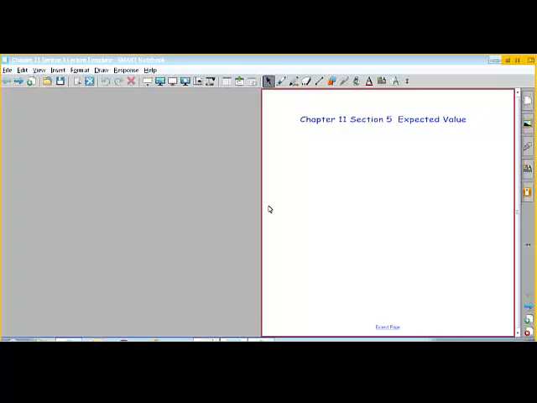So section 5, the topic is expected value. Basically, let me give an example, my basketball example.